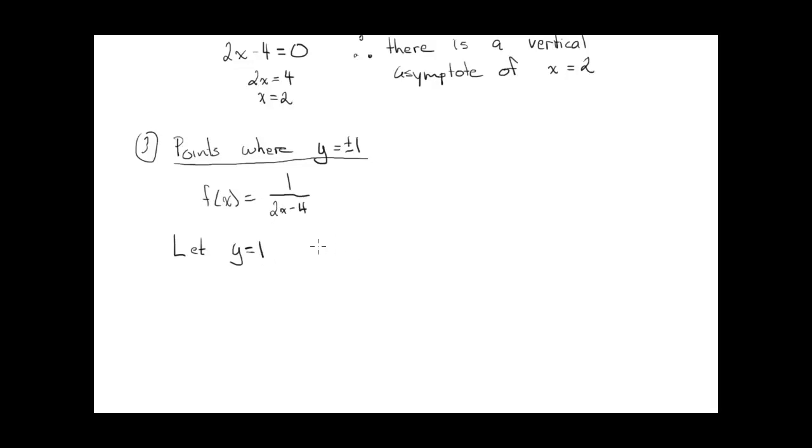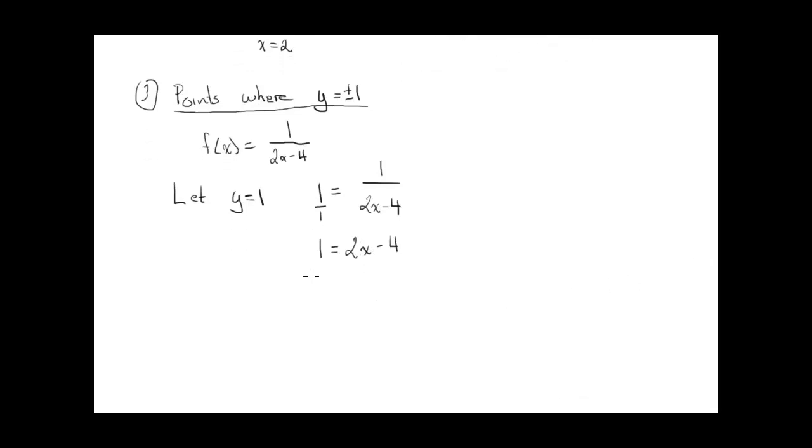So if we take this equation, set it equal to 1, and then solve. Remember that this is a reciprocal, 1 over 1. So if you just took the reciprocal of both sides, you'd have 1 equals 2x minus 4. Now you're just solving a simple linear equation.